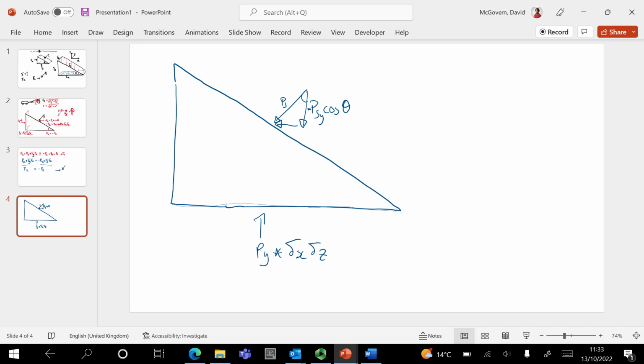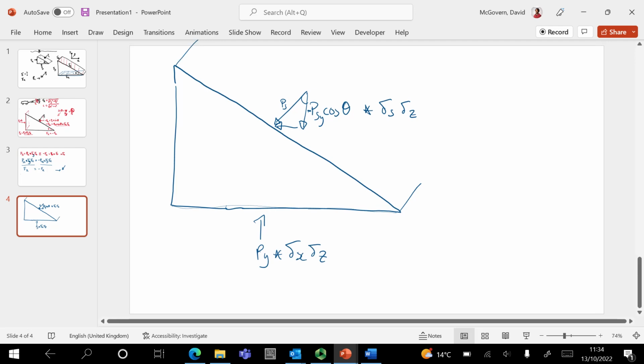Okay, and then this one coming down will be multiplied by delta s times delta z, giving it that surface there. So negative Fy equals negative Psy cos theta delta s delta z.